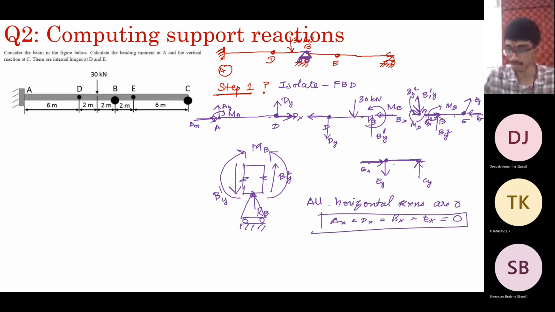Wherever you see a beam along a line with only vertical forces, all the horizontal reactions and the horizontal internal forces are 0. Now coming to step 2, equilibrium equations.